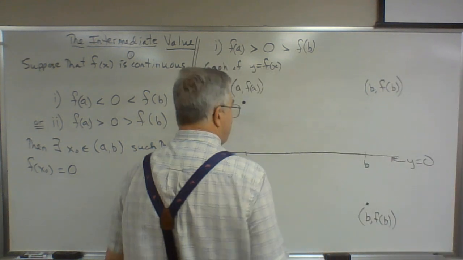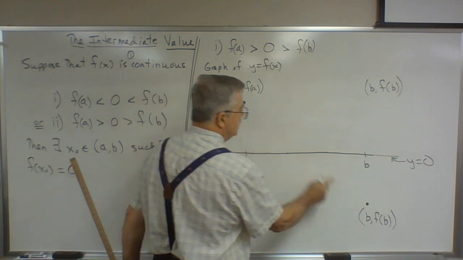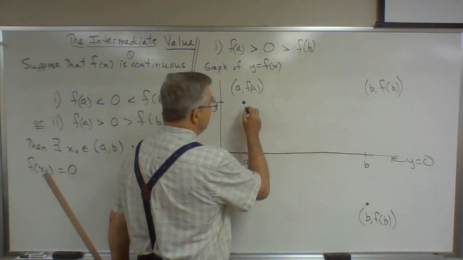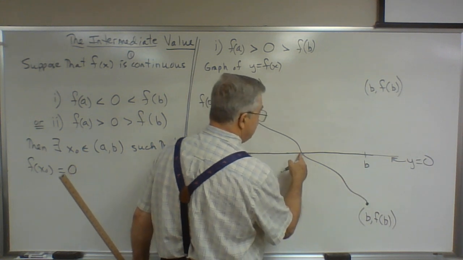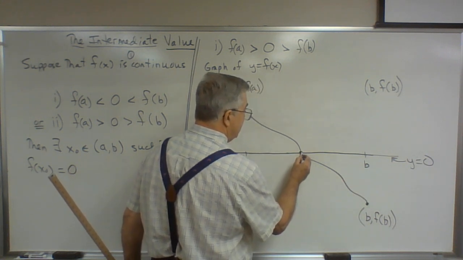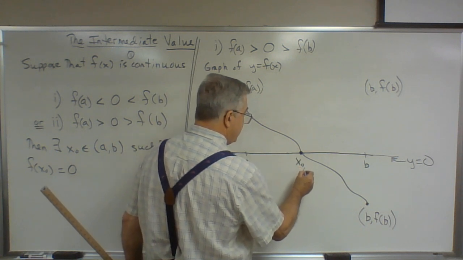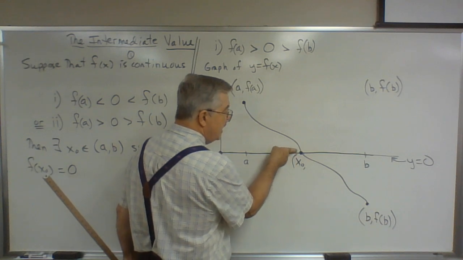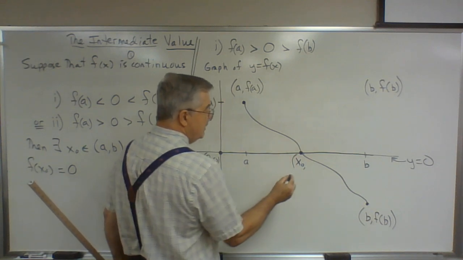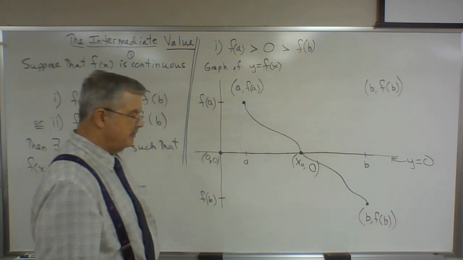Well, how does a graph that's one connected piece go from here to here? Somewhere in between, it has to cross the x-axis, doesn't it? And right where it does, we'll call this point x naught. And since this point is on the x-axis, the y-coordinate has to be 0.